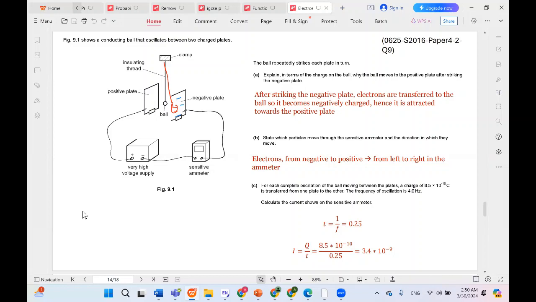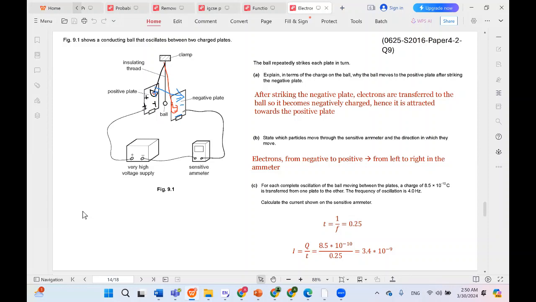So the ball is going to move to the left and it will be attracted to the positive plate. Once it reaches the positive plate, the negative charges on the ball are going to move out of the ball and into the plate. So the ball will become positively charged. Once the ball becomes positively charged, it is now repelled from the positive and attracted to the negative. So it goes back to the red position, and so on and so forth.